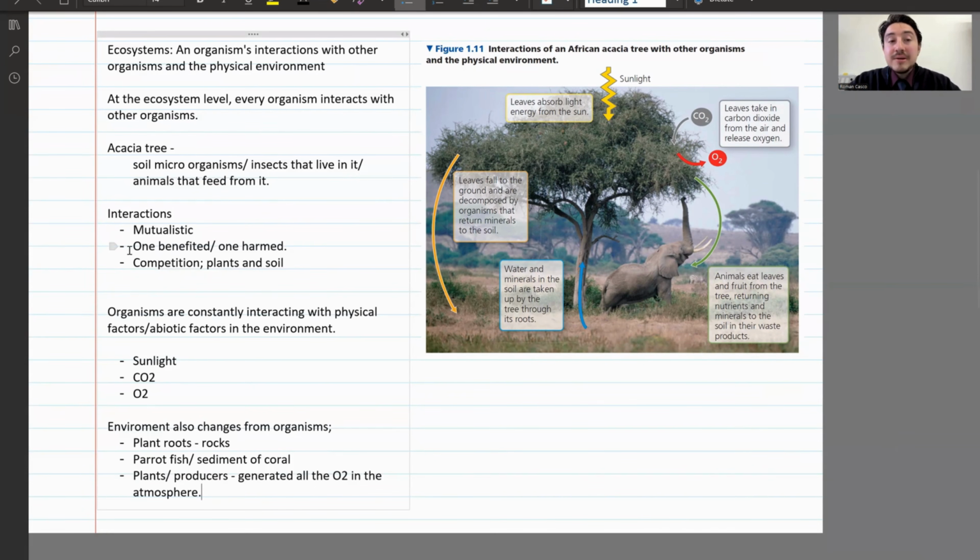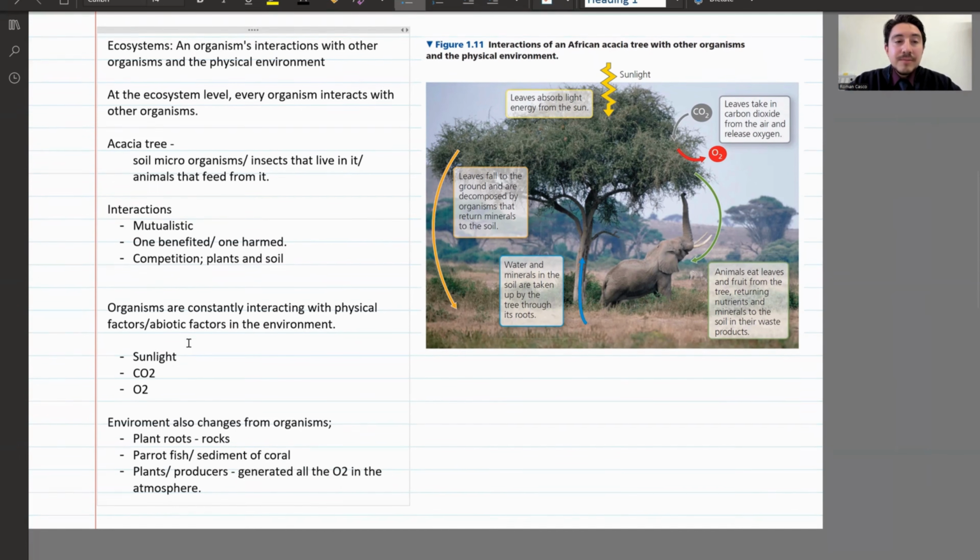You can have a parasitic type of relationship where one organism, the host, is harmed while the parasite is benefited. You have commensalism, where one organism benefits and the other one doesn't, like whales and barnacles. Competition, right? Between plants and, let's say, certain nutrients in the soil.